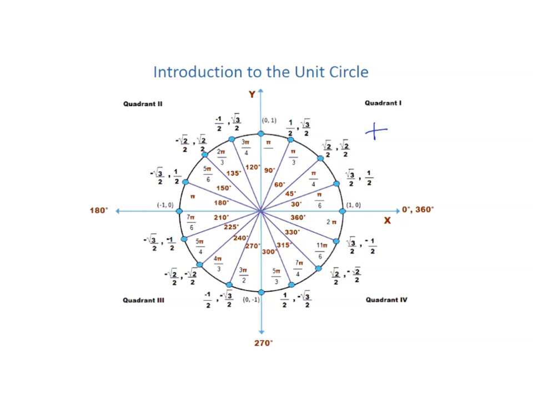In the second quadrant, our x value is negative and our y value is positive. In our third quadrant, they're both negative. And in the fourth quadrant, we've got a positive x and a negative y. So that's going to become very useful.